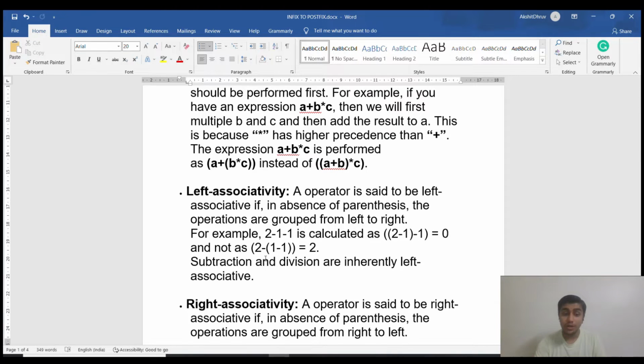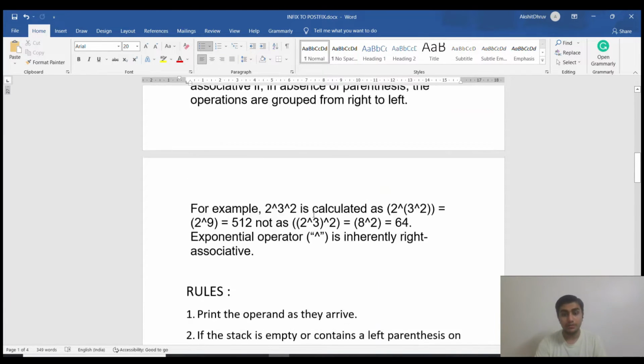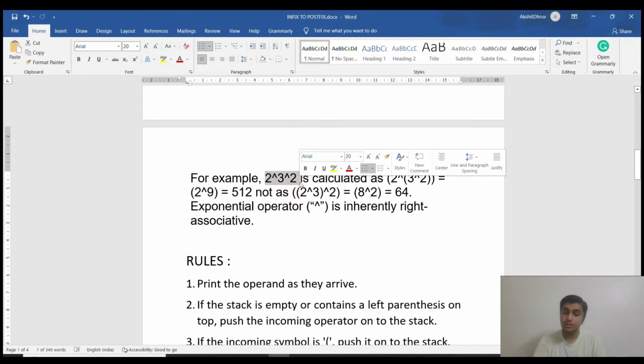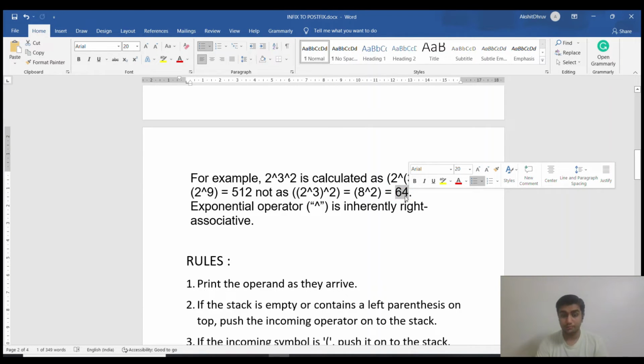Understood? What is right associativity? Suppose we consider 2 power 3 power 2. If it is calculated as (2 power 3) power 2, it is 64. But if we calculate 3 power 2 first, that is 9, and then 2 power 9, it will be 512. So the left-first way is not true.